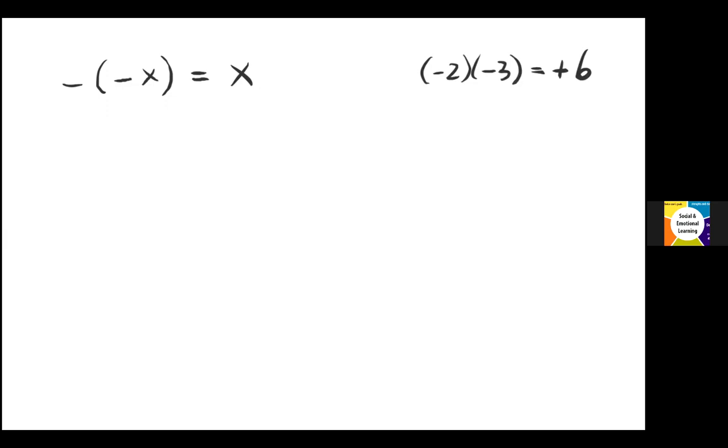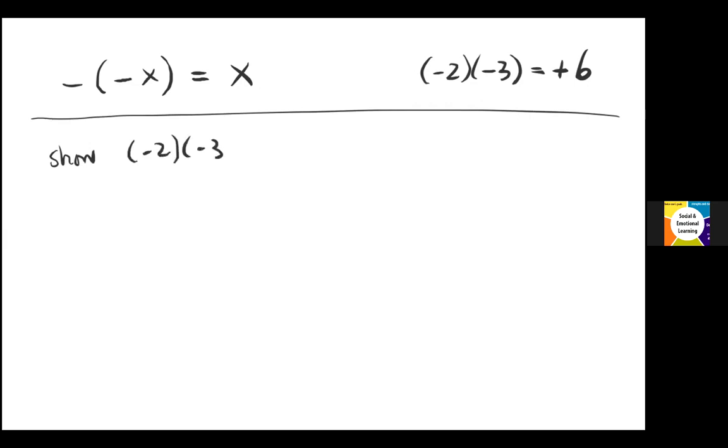Okay. Negative numbers are going to come up all over the place here. So one of the ways that the book shows that this is true, show that -2 times -3 is equal to 2 times 3.